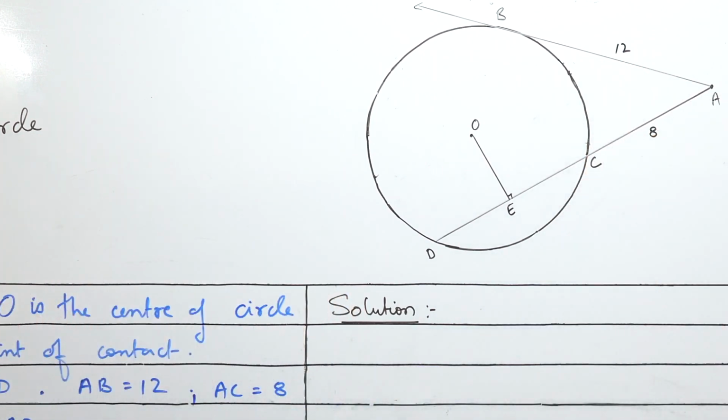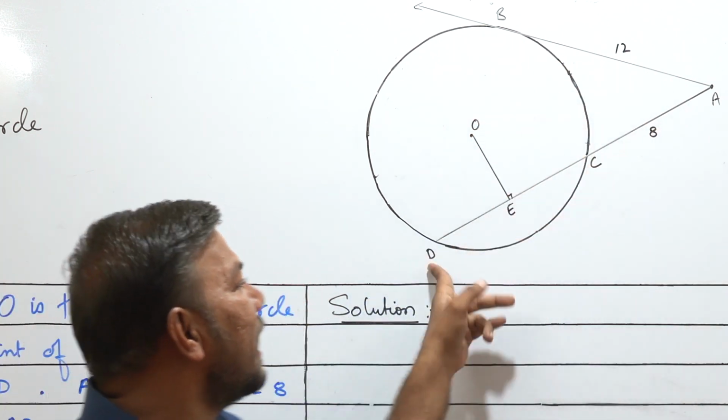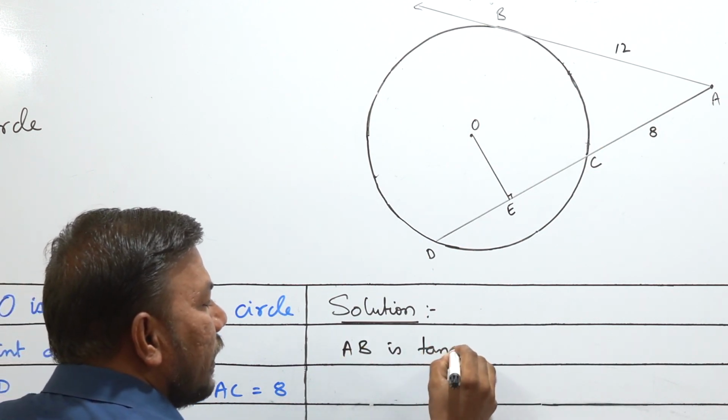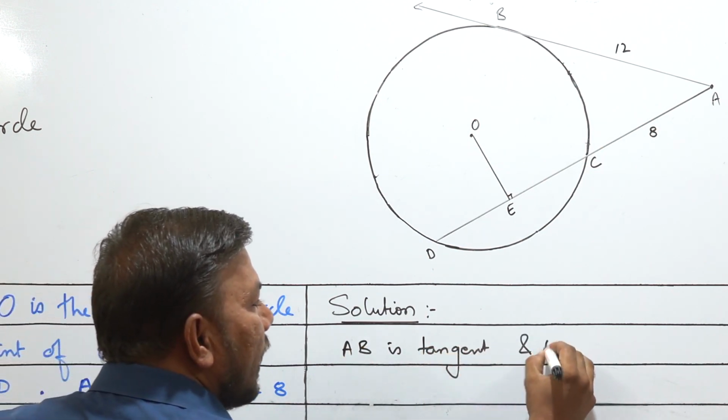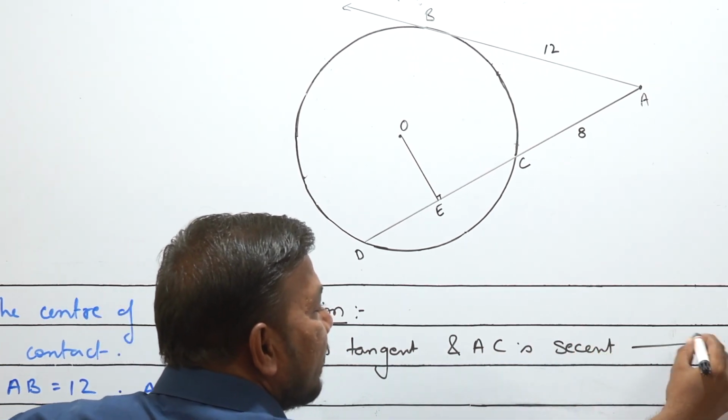So we find here AB as tangent and AD as secant. AB is tangent and AC is secant, which is given.